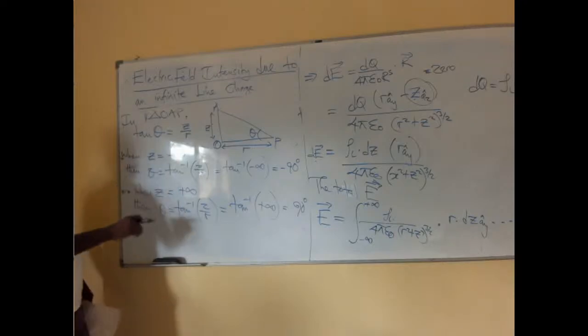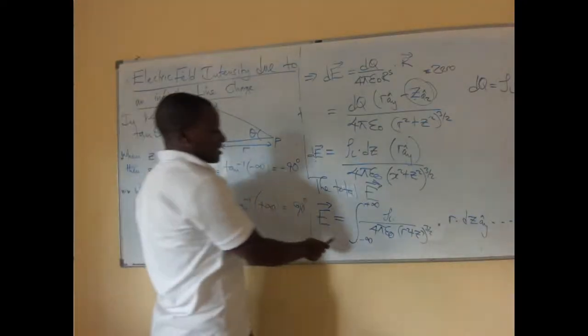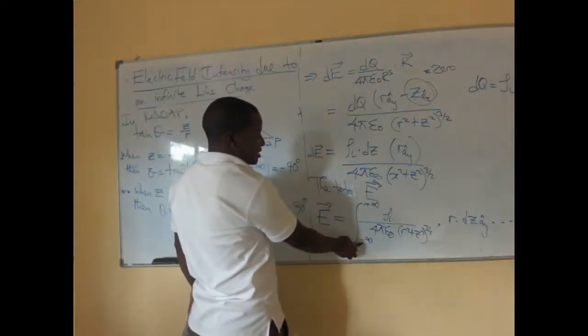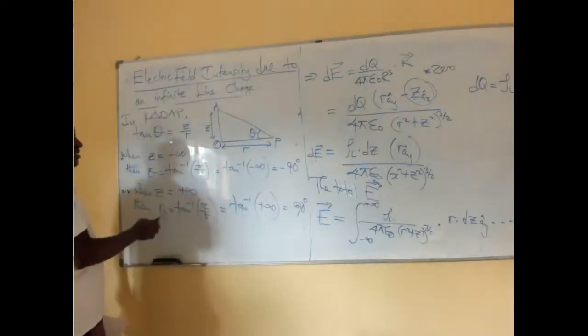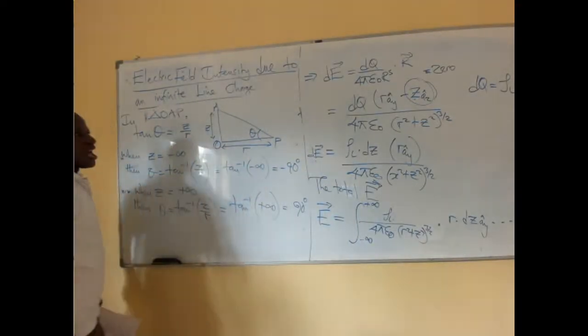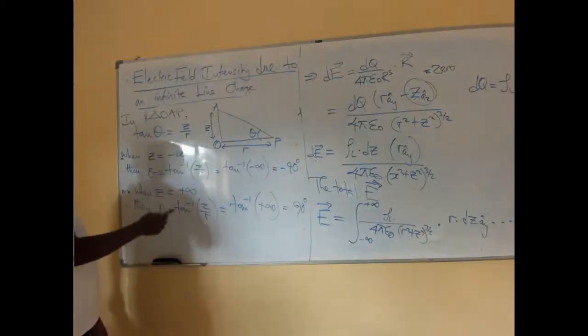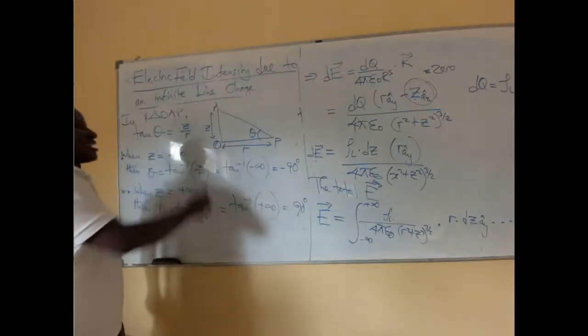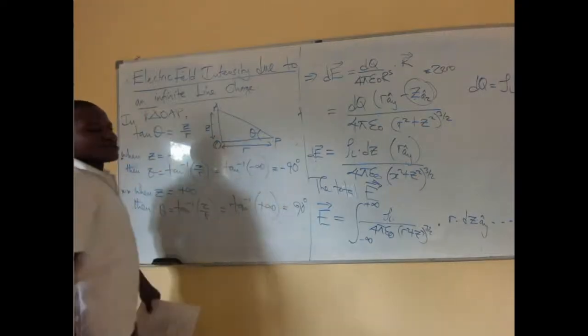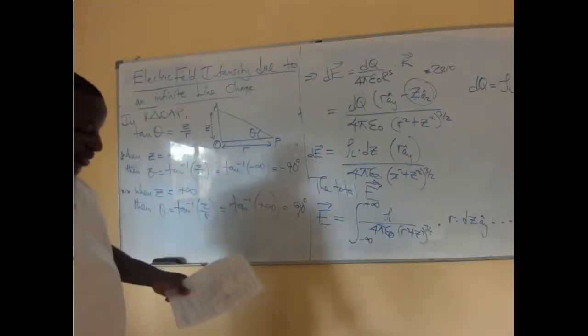Then you start assuming that z is at the far end, which is minus infinity, and see what happens to the angle theta. And then also you assume that z is at the other far end. So what happens to this other angle theta here?